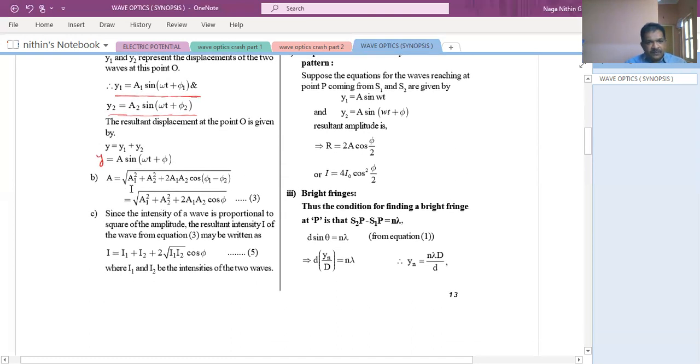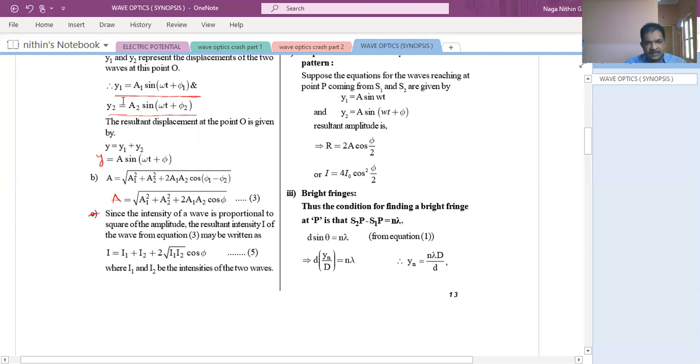The amplitude of the resultant wave, a, is equal to square root of a1 squared plus a2 squared plus 2 a1 a2 cos phi, where phi is equal to phi 1 minus phi 2. And for the intensity of the resultant wave, if I1, I2 are the intensities of these waves, then I is equal to I1 plus I2 plus 2 root I1 I2 cos phi.